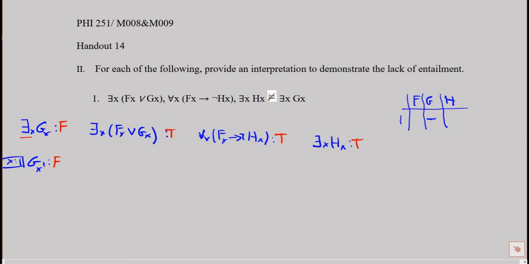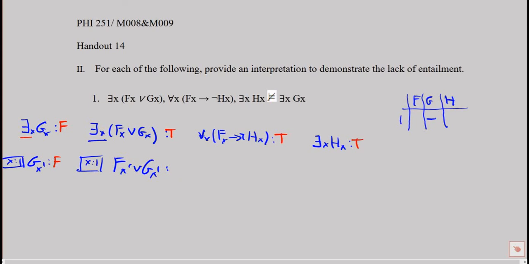Here we want to make these premises true. Again, the first premise is an existential. So we want to make sure that there is something that satisfies Fx or Gx. And since there is only one object, we need to make sure that that object, namely 1, satisfies Fx or Gx.